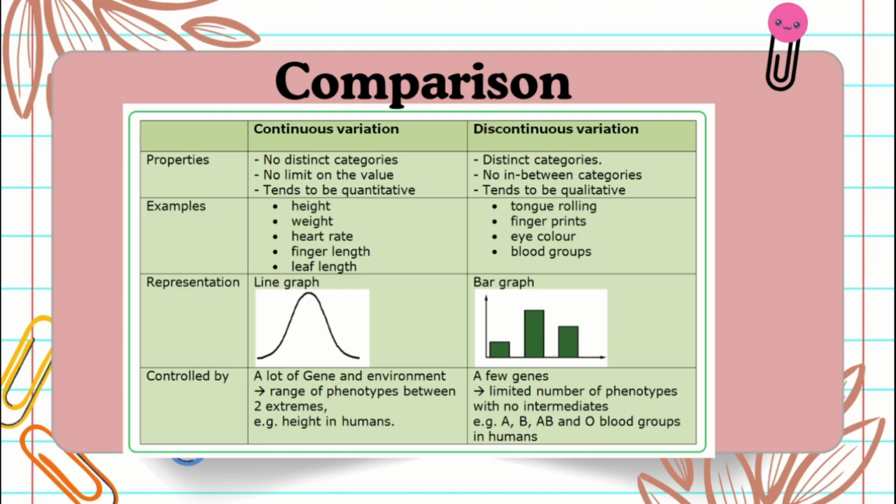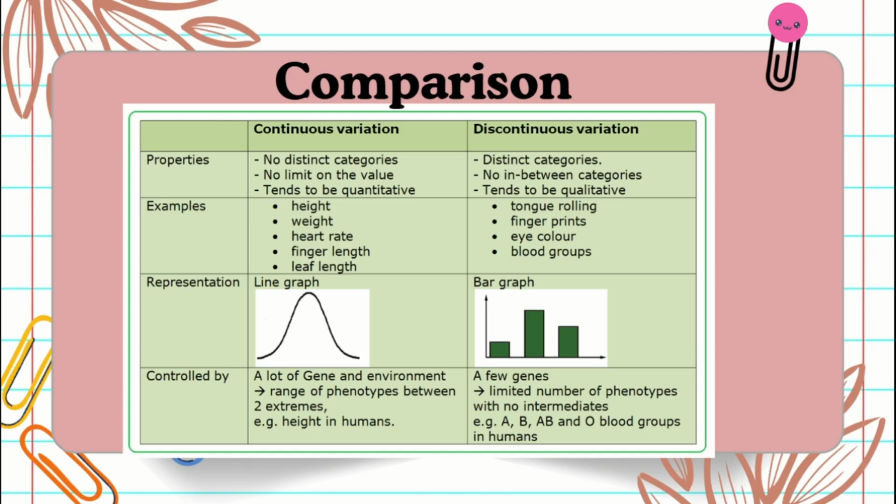discontinuous has distinct categories, continuous has no distinct categories. Examples of continuous variation are height, weight, heart rate, finger length, leaf length, with no clear categories. Discontinuous is either you have it or you don't. There is no in between, there is no ish. It's either you have blue eyes or you have black eyes. The blood groups, you have to fall into one of the categories.